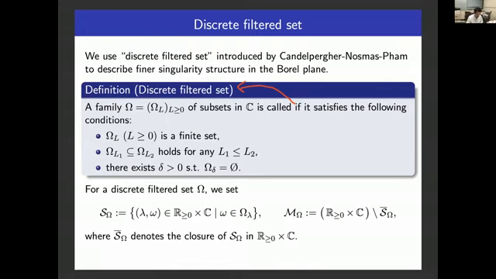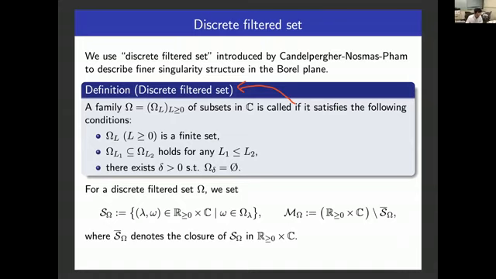The first condition guarantees that singular points may appear, but only finitely many if we restrict the length of the path of analytic continuation to be less than or equal to L. The next condition says that singular points may appear when we analytically continue further and further.